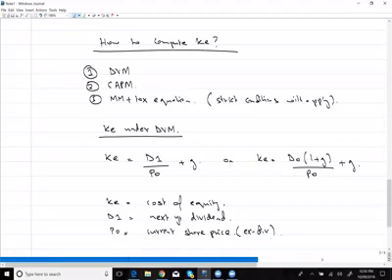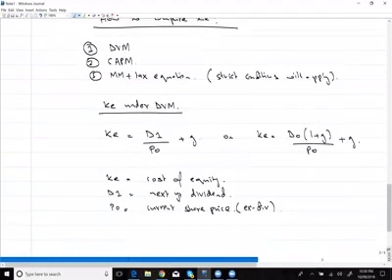Okay, XD means excluding dividend. Then G stands for growth rate. So KE under DVM is equal to D1, next year dividend, over P naught, the current share price, plus G, the growth rate.